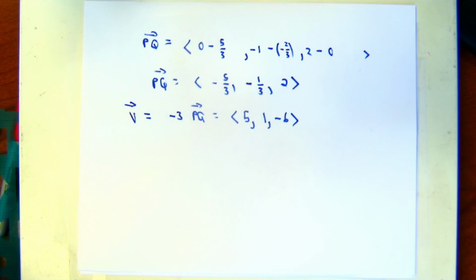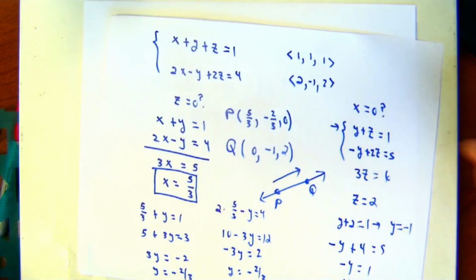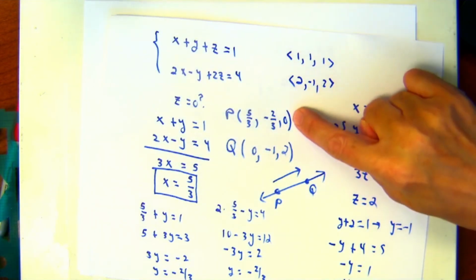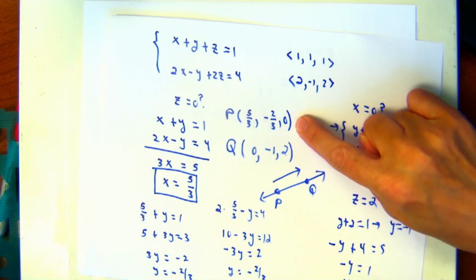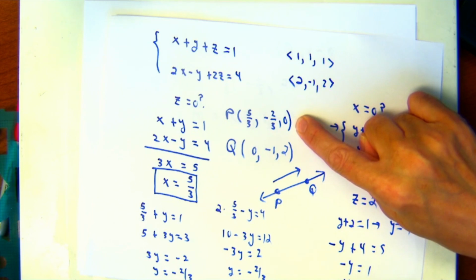If I want to write down equations for that straight line, all I need is a point on the line. I could either use that point or that point. I feel the need to comment, this point has fractions in its coordinates, and I cannot get rid of those by multiplying through by 3, because that's not a vector, it's a point.